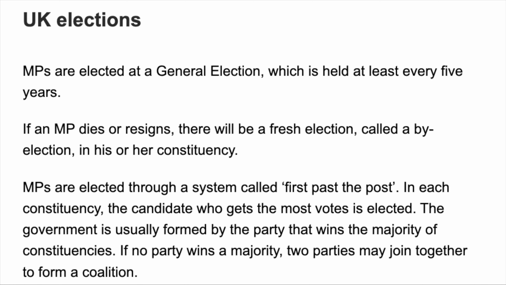In each constituency, the candidate who gets the most votes is elected. The government is usually formed by the party that wins the majority of constituencies. If no party wins a majority, two parties may join together to form a coalition.